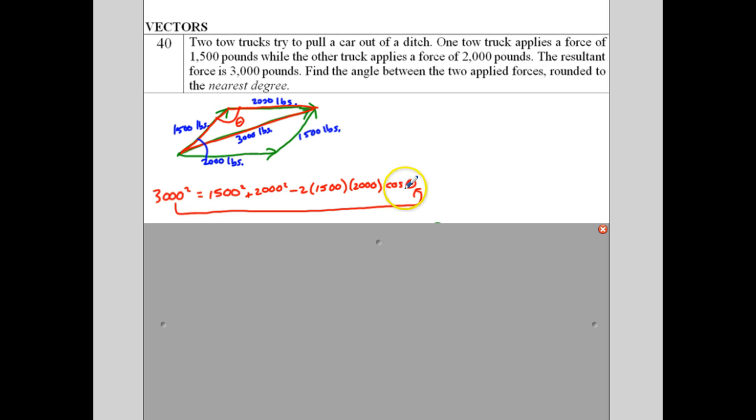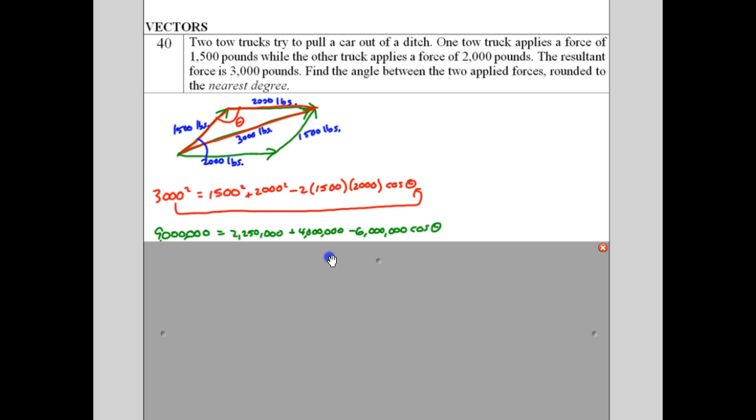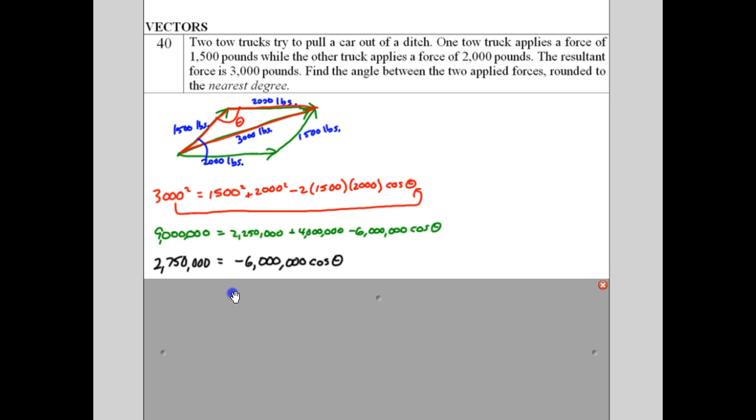Now I have to do some math. Because the theta is way over here, I can't just put it all in the calculator. I have to square and square and square and multiply this out. So there it is. Now I need to take these like terms, these just numbers here, subtract them from the 9 million. And now I need to divide by negative 6 million.